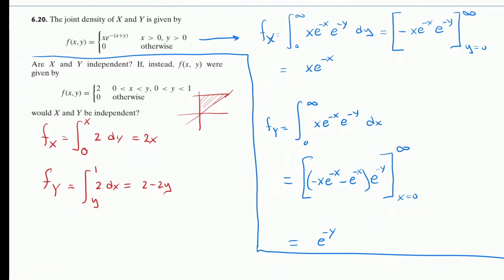So the trick, maybe I should mention, when does that trick work? So the trick is that if you can separate your density function into a product, and you can completely separate it into x's and y's, a product of x's and y's, it's usually going to be independent. But that's not a surefire way to check.